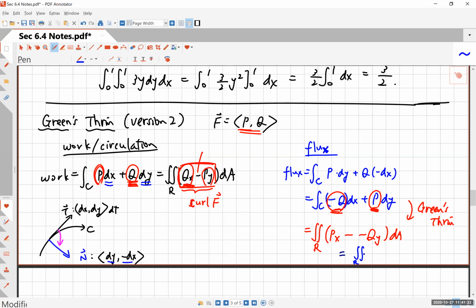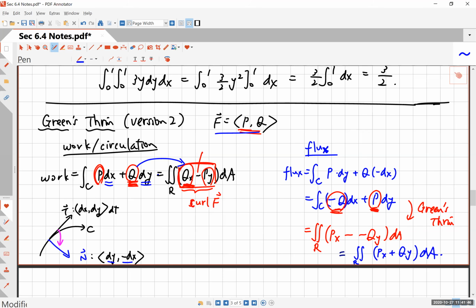It says the flux across C, defined by the movement described by this vector field F, is the double integral of, guess what? Px plus Qy dA.